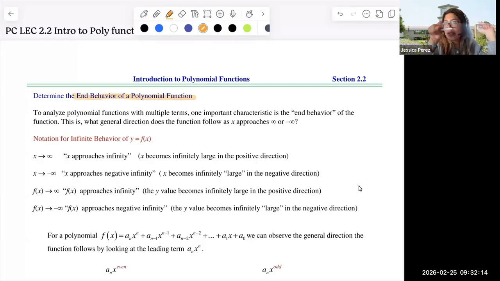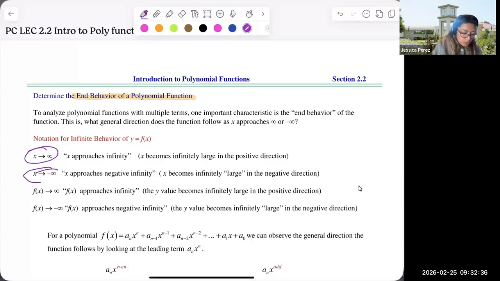So usually when we have a graph of a polynomial, it's either increasing or decreasing. Is it going to infinity or negative infinity? So we want to start by what's going on as x approaches infinity. So what happens to the function as x goes to infinity? X approaches infinity. That means that x becomes very, very large.